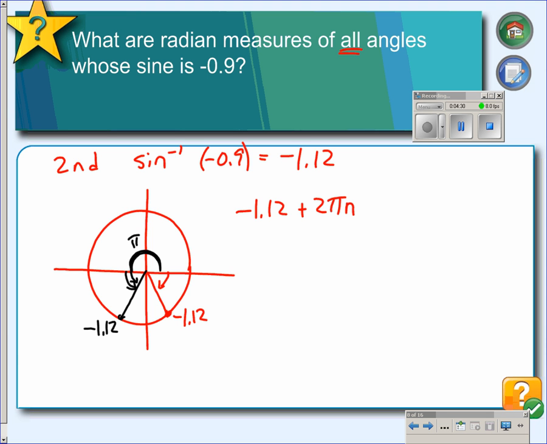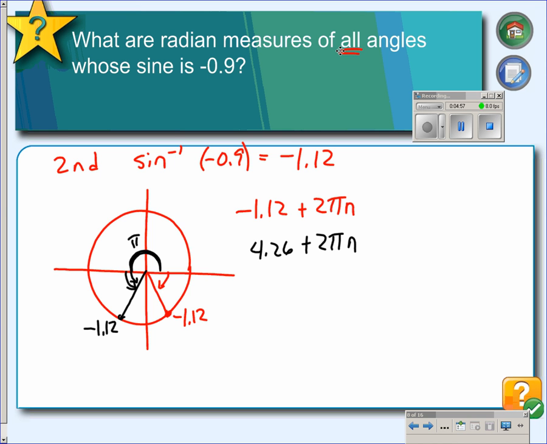So if you take pi plus 1.12, you get 4.26. And then everything coterminal with the black line also is a solution. So it's 4.26 plus 2πn. This would be all the solutions of inverse sine of -0.9 any time around the circle.